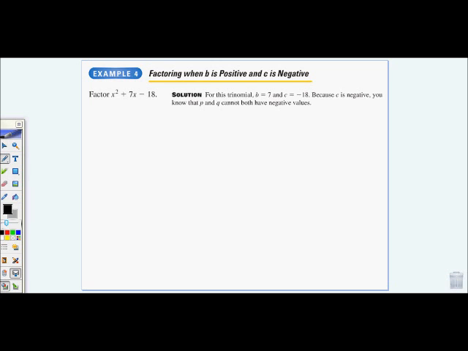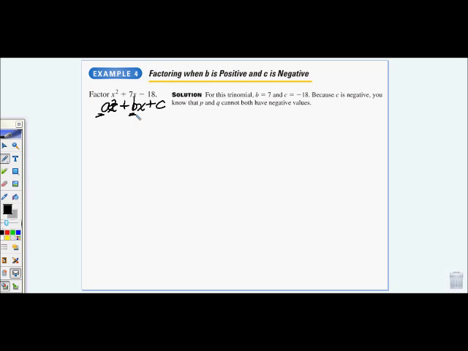The example for factoring when B is positive and C is negative. So when they're saying this in the book, they're saying your AX squared plus your BX plus your C. That's where they're getting your A's and your B's. Okay?